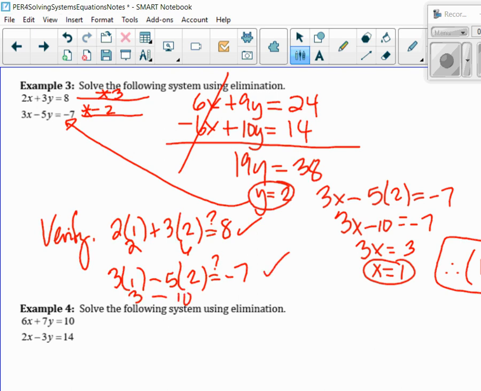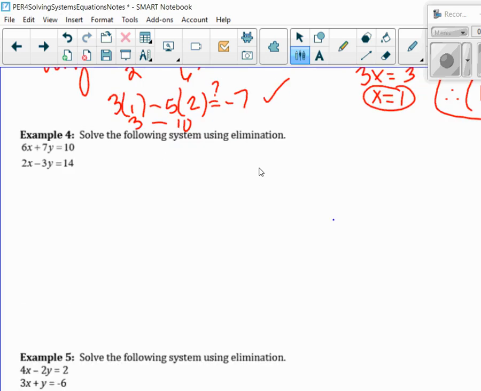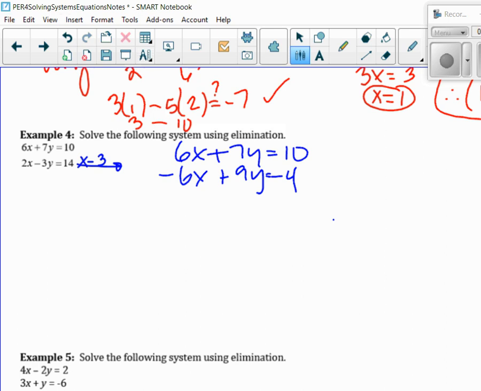Okay, how about you guys try example 4? Okay, so I'm going to times this by negative 3. So minus 6x plus 9y equals minus 42.